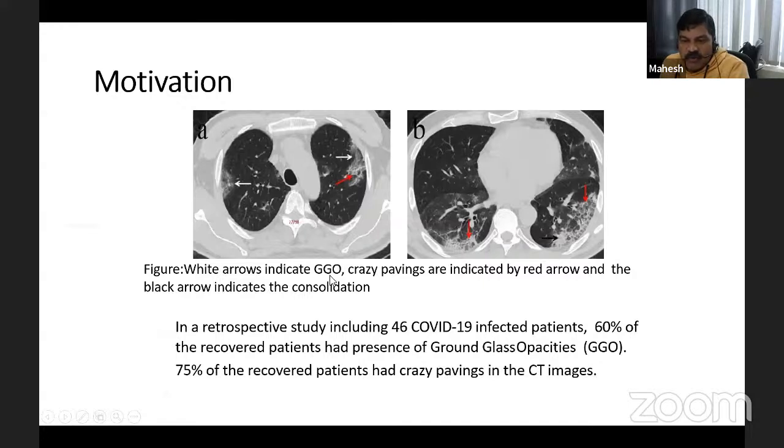GGO stands for ground glass opacities, okay. So you can see there's one CT image A and another is B. So what is the difference between these two? The first image was captured at the initial stage when the person was infected. So you can see here this gray region, which is called ground glass opacities.